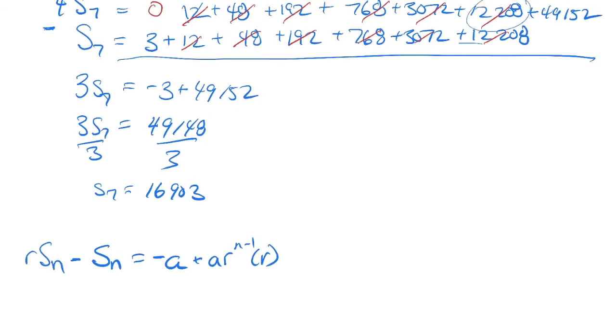We took that last term, we want the next term in our sequence, so we have to multiply that by R. So simplifying this on the right side is going to be minus a plus a R to the power of n. Notice that here, and this trick is going to come in handy later on, this is the term after the last term.